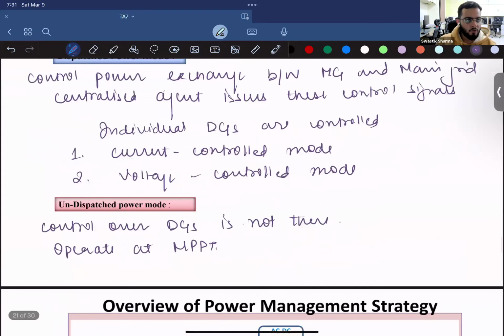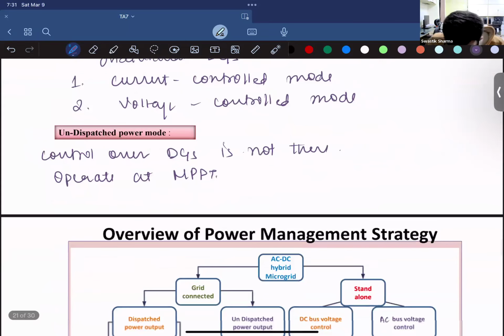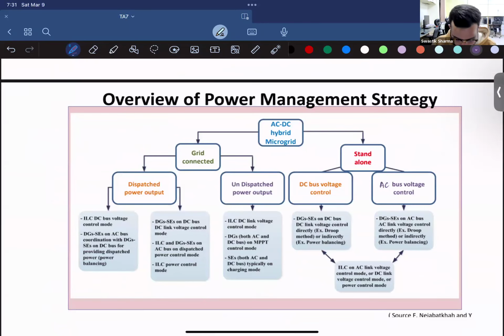This is the whole complete picture. Let's discuss it first before moving ahead to standalone mode of operation. As I said, in grid connected mode, you have two different kinds of control. One is dispatched power output, where you control the power output from your MG by controlling your individual DGs. And in undispatched output power, you don't control anything. In them also you have two things.